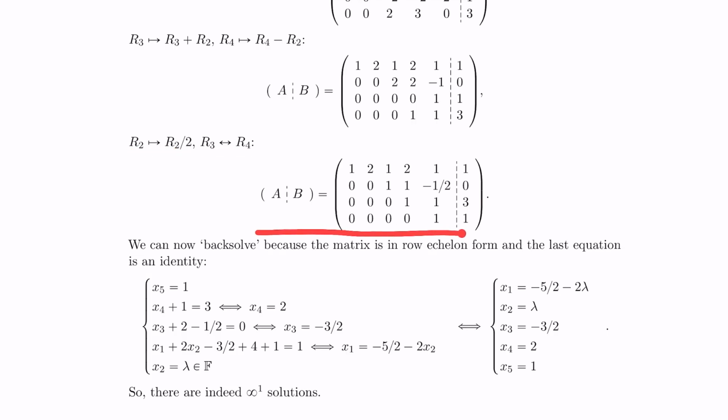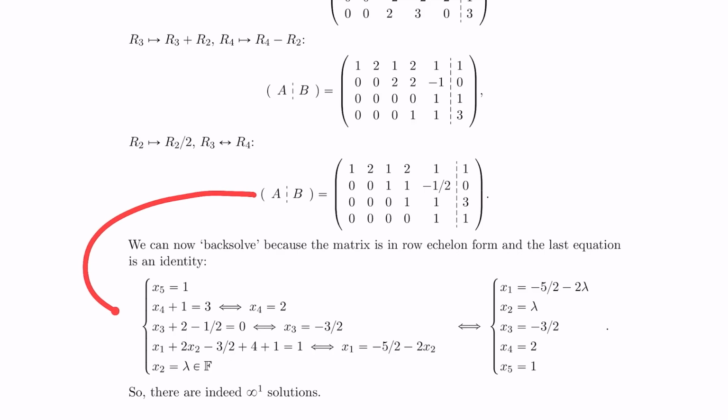So this is the reduced echelon form of the augmented matrix. Notice that there are no null rows, so the system is solvable and the nullity of A is 1. So our initial guess was right, and we have an infinite amount of solutions with just one free parameter.